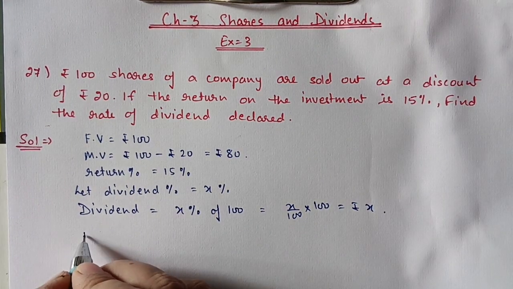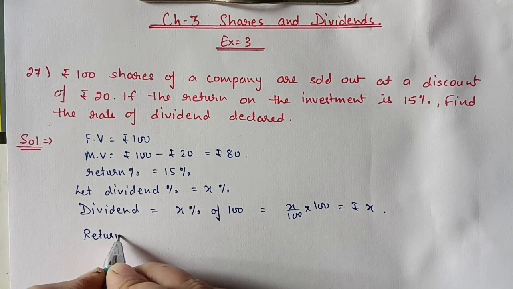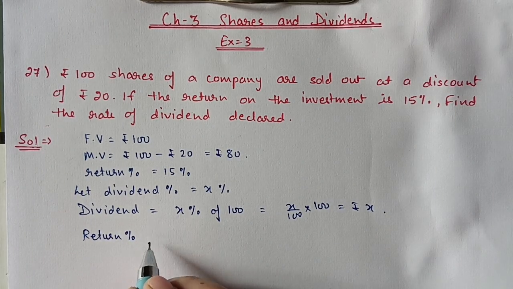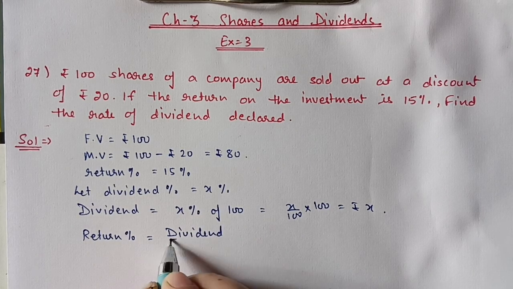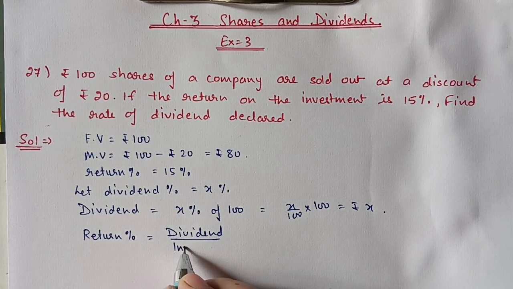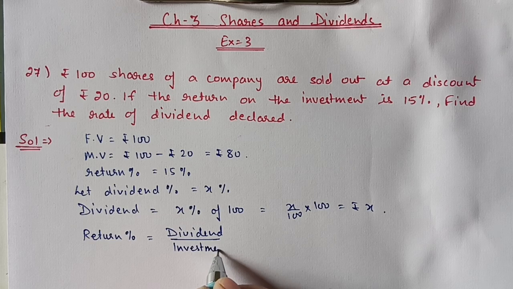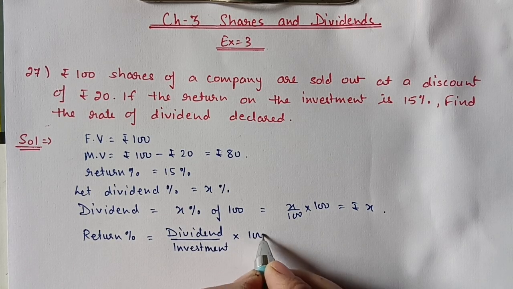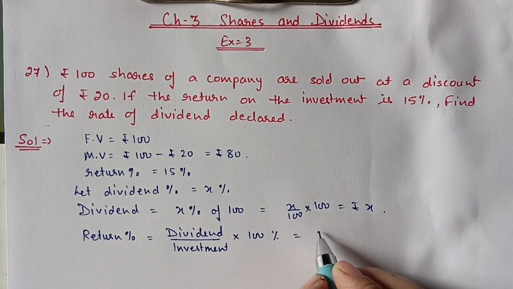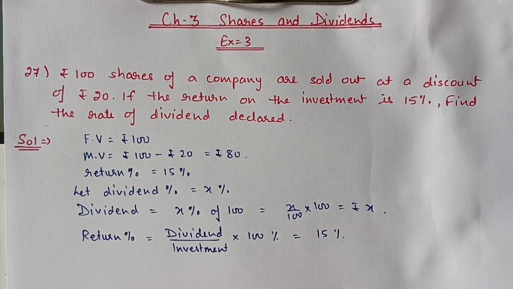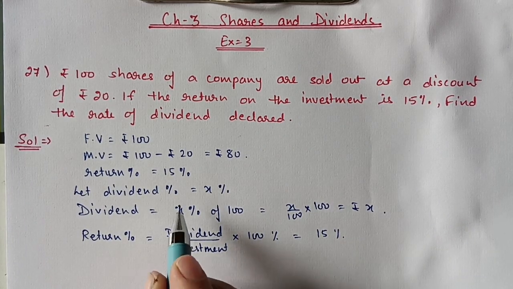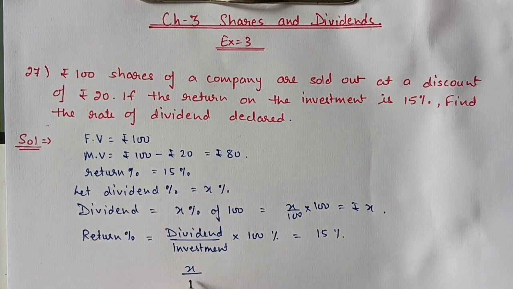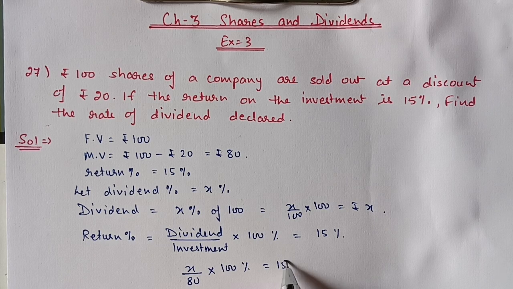Return percentage, if we calculate with the formula, is equal to dividend by investment into 100%, which is equal to the given 15%. So we'll equate with the given value. Dividend we got X rupees, investment we have done 80 rupees for one share, into 100% equal to 15%.